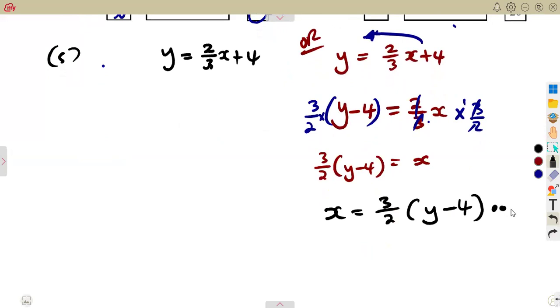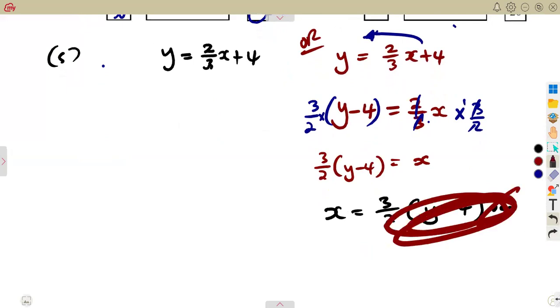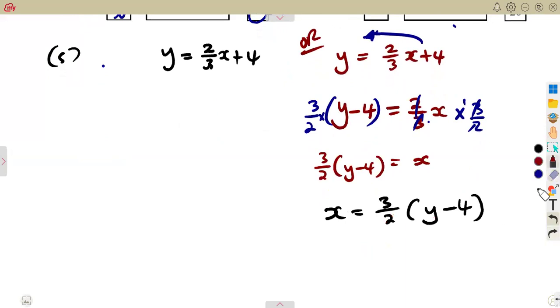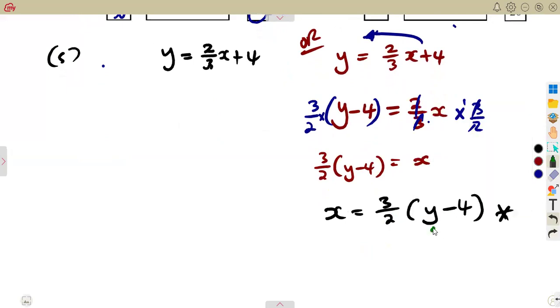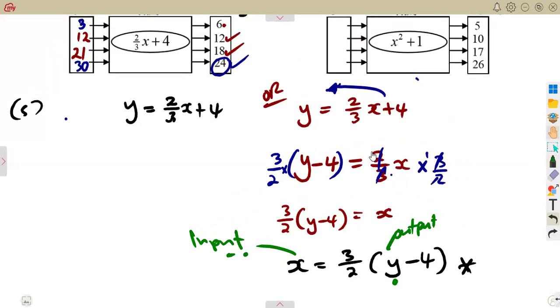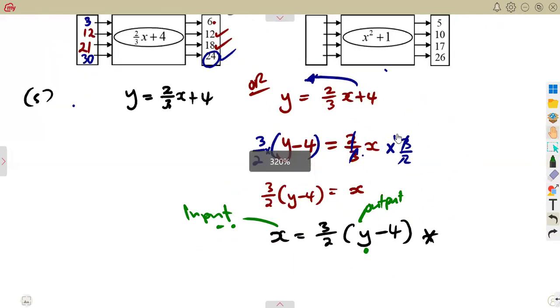With this relationship, we can determine whatever we want, provided that we are given the y value, which is the output, to determine x, which is the input value. We simply have to substitute. That's another way that you can use.